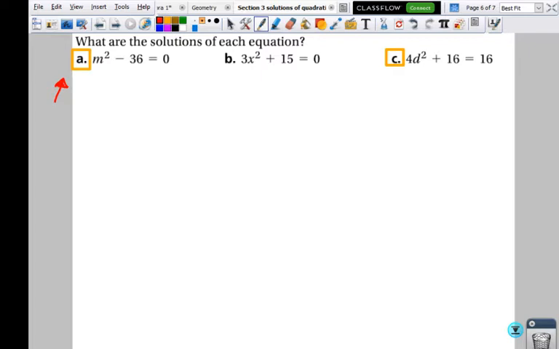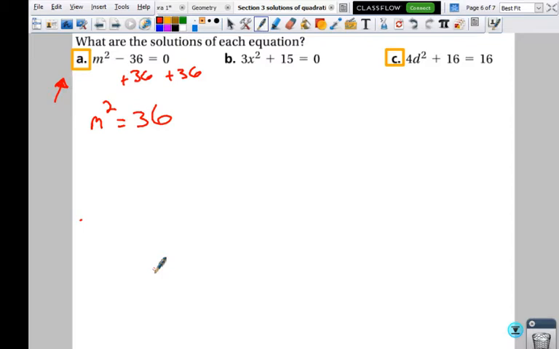Alright, let's go over this one. I think we're at Jace. What's the first thing I gotta do on part A? We're going to add 36 to both sides. We get m squared equals 36. Ruben, what's next?